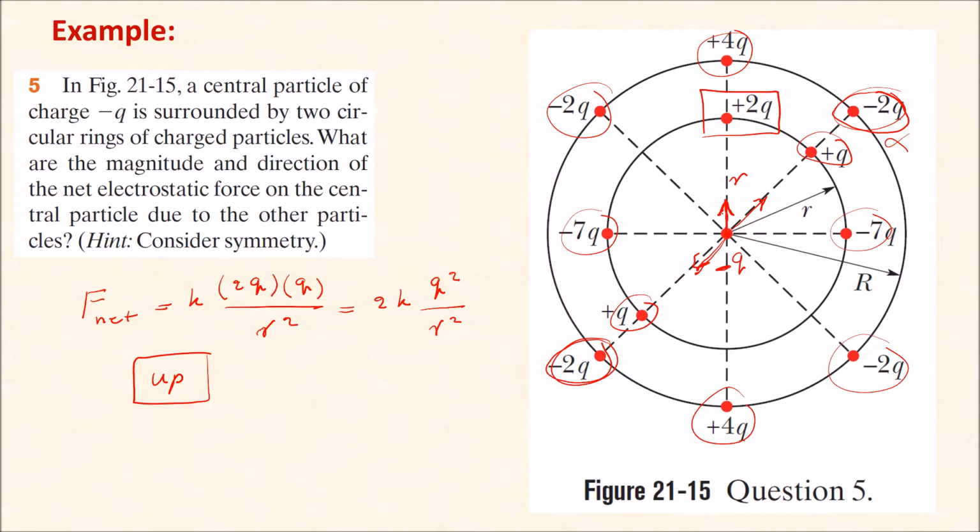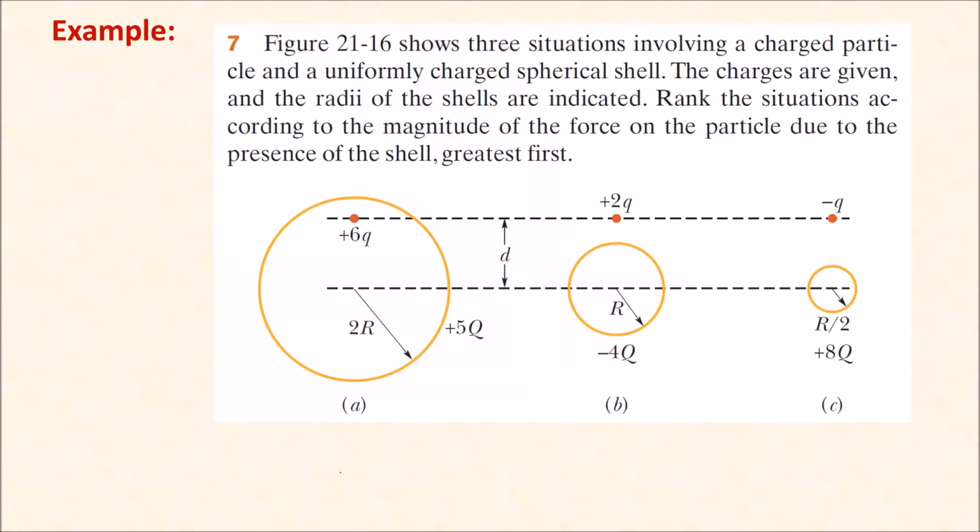All right. So let's go to the next one. Here it says that the figure shows three situations involving a charged particle and a uniformly charged spherical shell. The charges are given and the radii of the shells are indicated. Rank the situations according to the magnitude of the force on the particle due to the presence of the shell, greatest first.